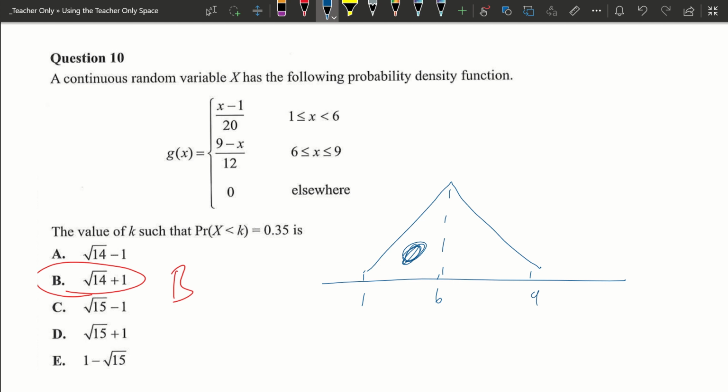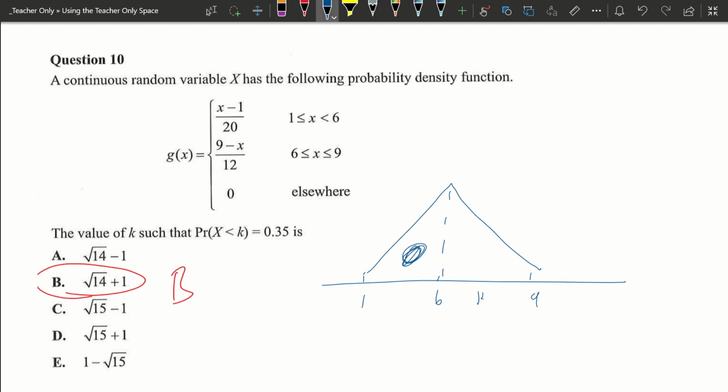If it's bigger than 0.35, then you know k is here. If it's smaller than 0.35, then you know k is here. Because if the left area is smaller than 0.35, then to make 0.35, you need more area, so k is on the right. And that is what we are going to do.